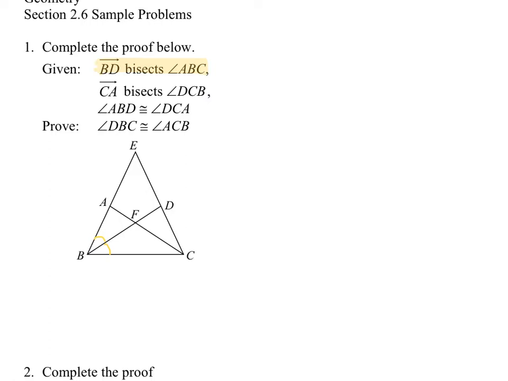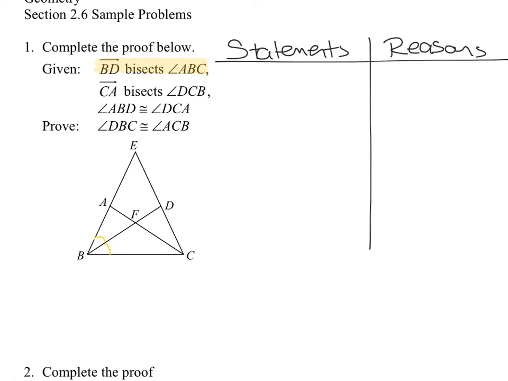So I'm going to put that in my proof right away before I forget what I did. I'm going to color code this so we know what is coming from what. Statement number 1 is that ray BD bisects angle ABC. And we knew that because it was given. So we took that word bisect and we defined it.